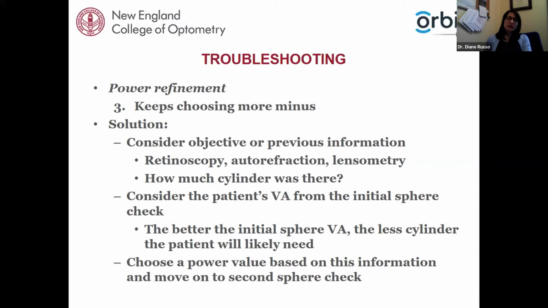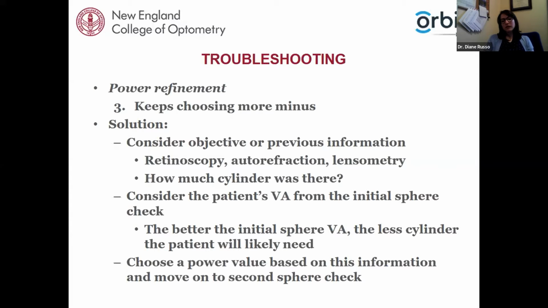And then also you want to consider the patient's vision, the visual acuity from the initial sphere check. So the better the initial sphere check, the smaller the adjustments that you are most likely needed to make on the cylinder refinement, and then choose a power based on that information.